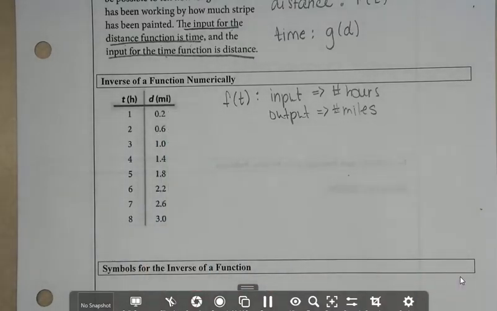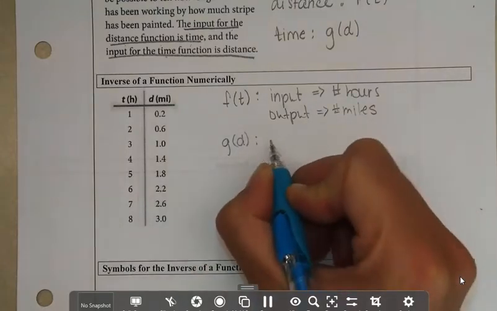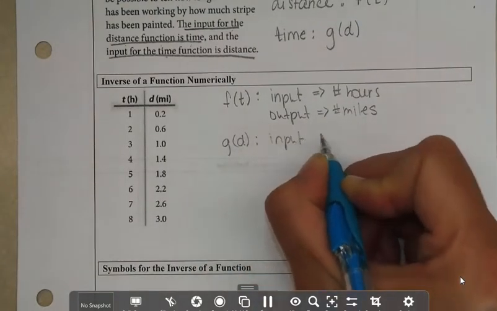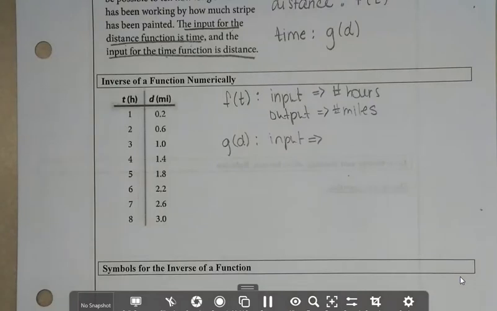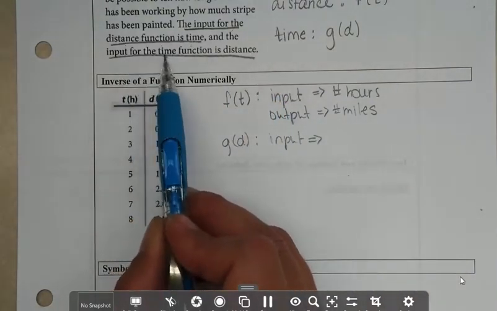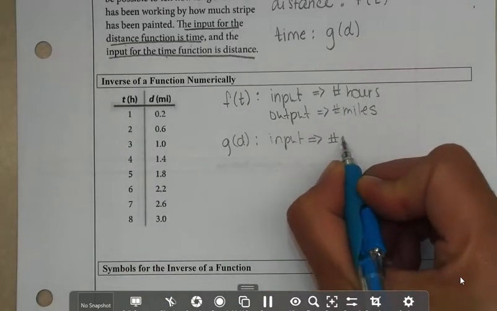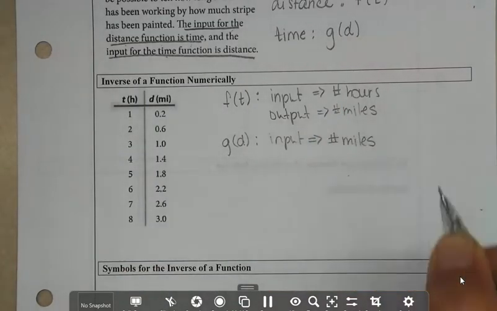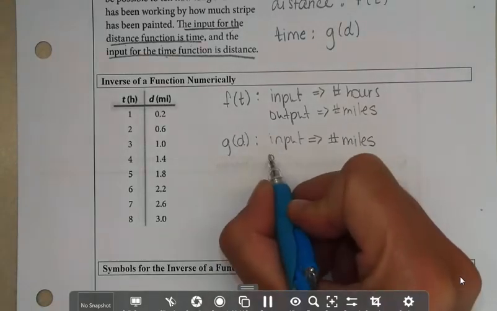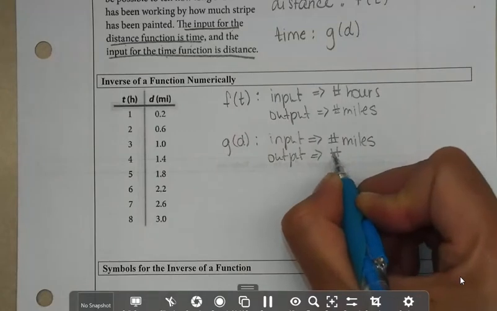Well, how about for g of d then? So what are our inputs there? The input for the time function is distance. So the input here is number of miles. And the output then is number of hours.